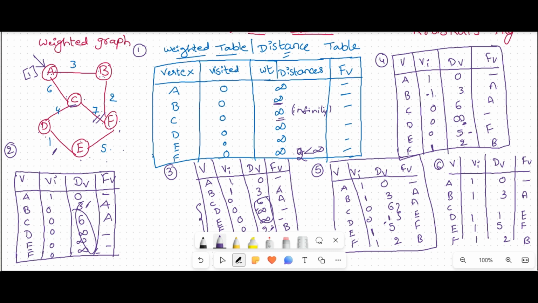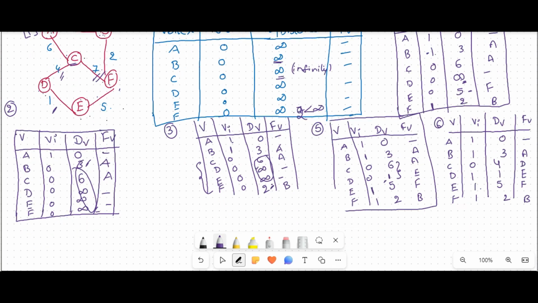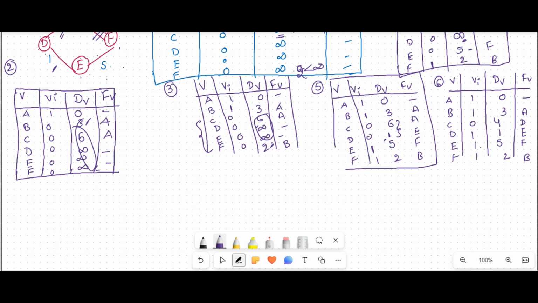D adjacent vertices C and E. E is already visited. So visit C. See what is the distance here? 4 units. So 4 units. From which vertex it is? D vertex. Okay. So now 6th step completed. Now 7th step. Vertex visited, distance from the vertex.